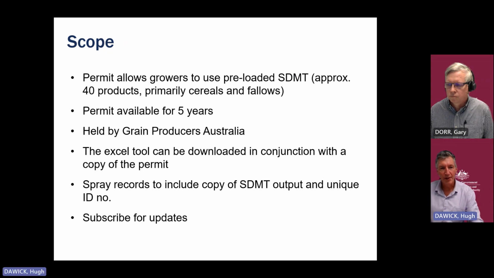We also require that you subscribe for updates, and a link to where you can do this is contained on the web page. This is so that we can notify you of any changes to the existing calculator, mainly because we would be looking to add new products over the time period that the permit is available.